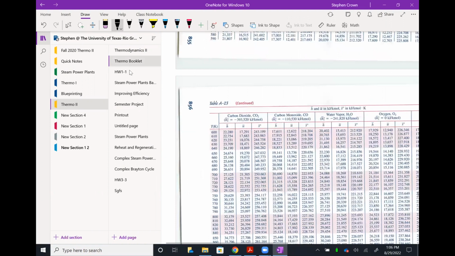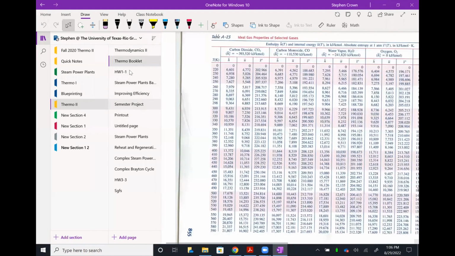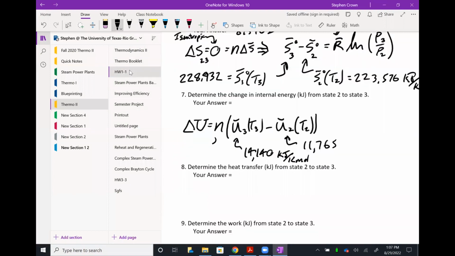So 14,140 minus 11,765 times, again, 0.009375 kilomole. So I'll end up with kilojoules for an answer, and I believe I get 22.27 kilojoules.